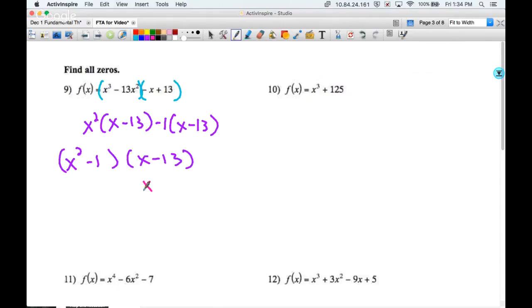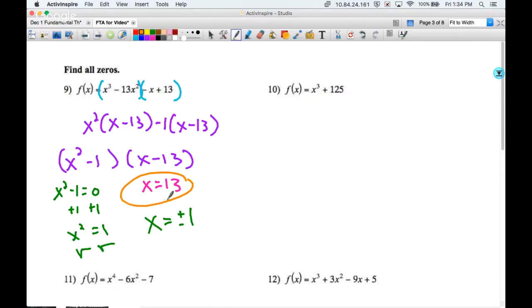This one here gives us a zero at 13. This one here, we should set equal to 0 and solve. And we'll get x equals plus or minus 1. And there's all 3 of our zeros. 1, 2, 3.